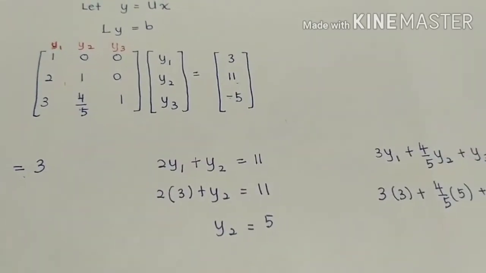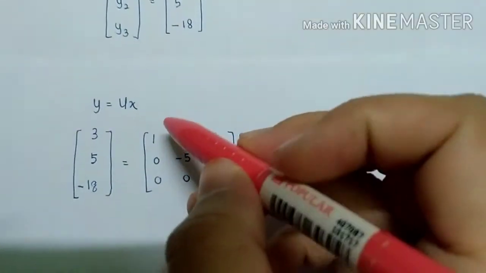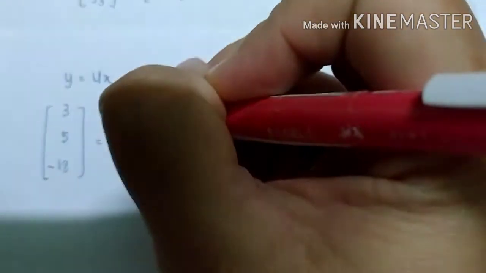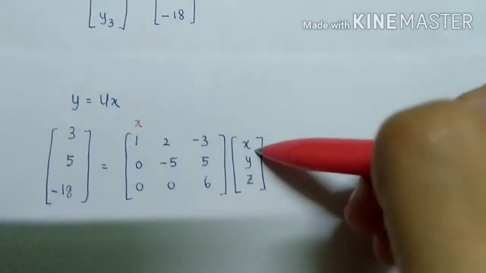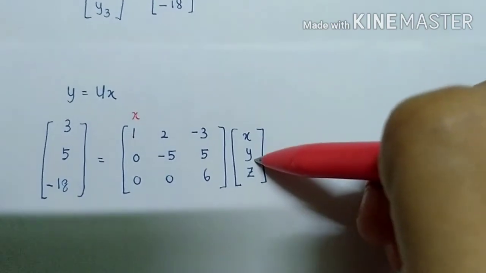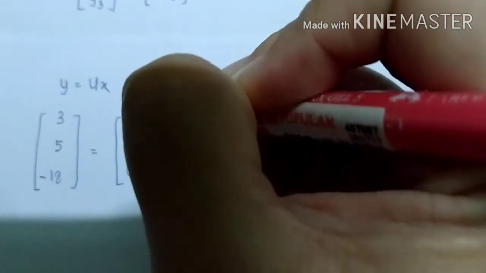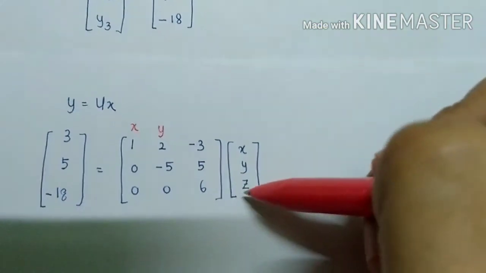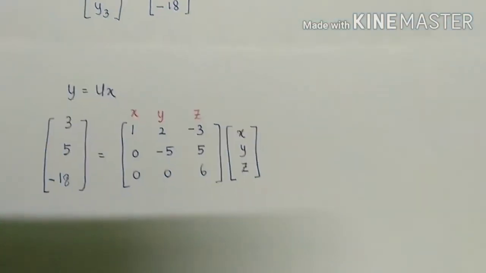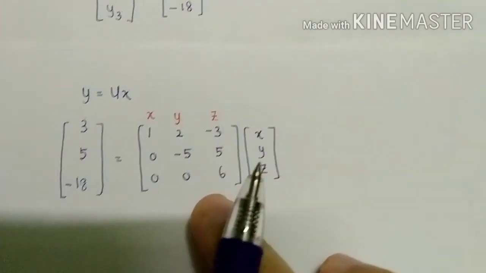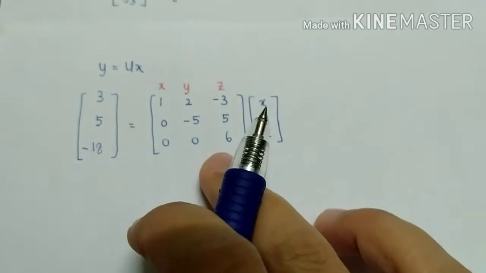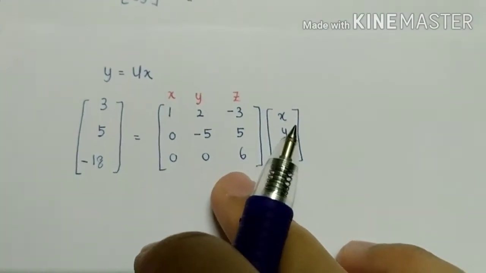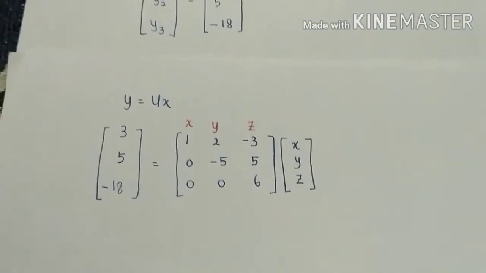We can use the shortcut. The first column is for x, the second column is for y, and the last column is for z. So we convert this matrix equation into linear equations to find the values of x, y, and z.